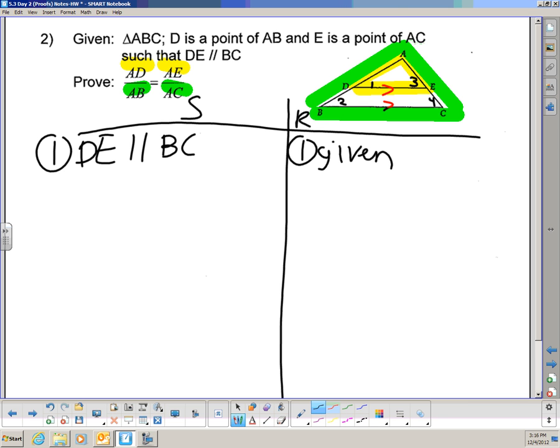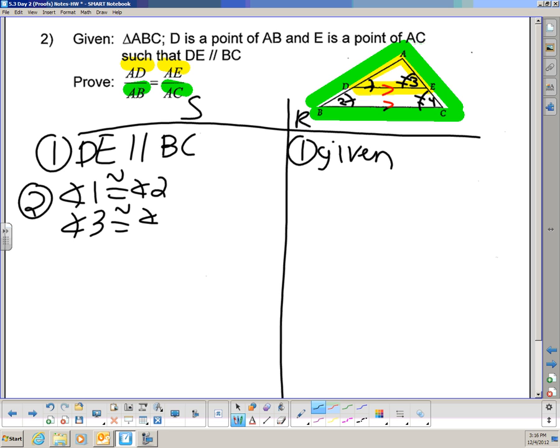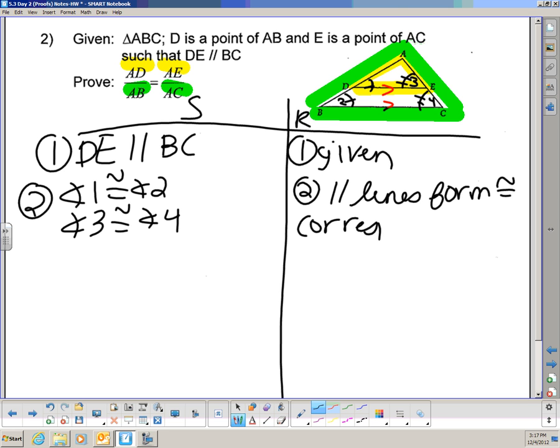Because of the parallel lines, those are congruent. So angle 1 is congruent to angle 2, as well as angle 3 being congruent to angle 4, both for the same reason: parallel lines form congruent corresponding angles.